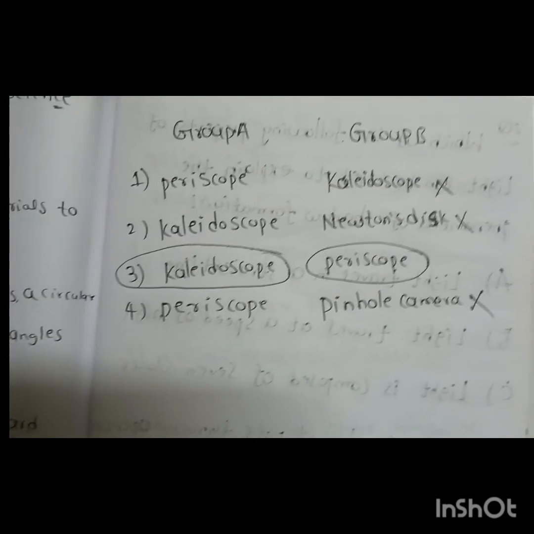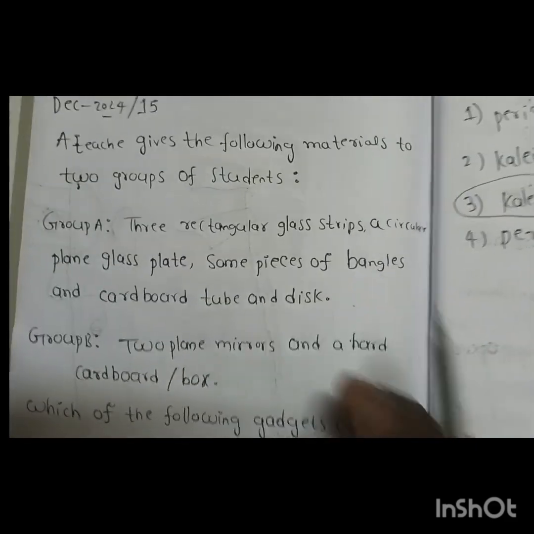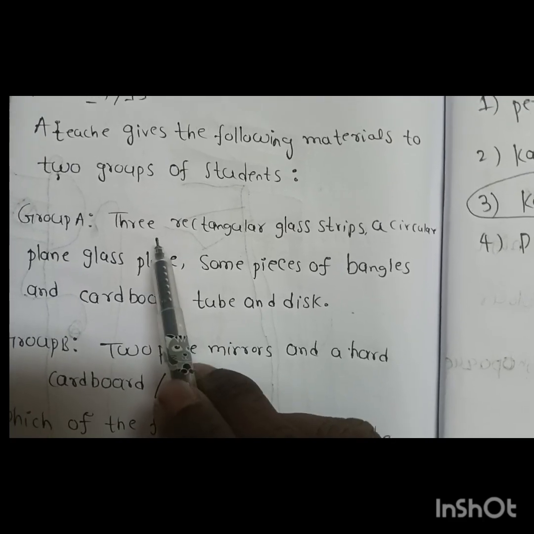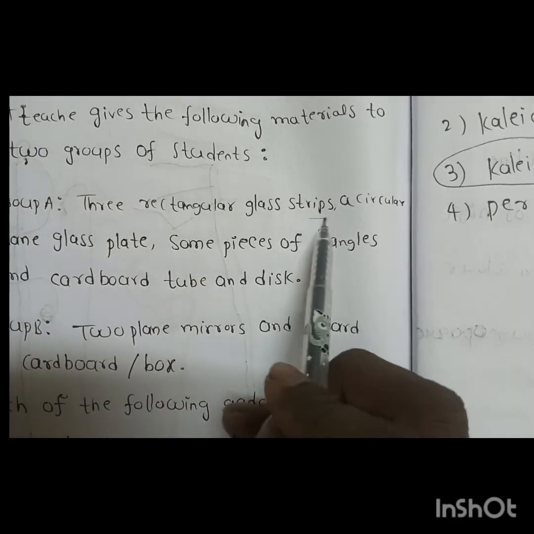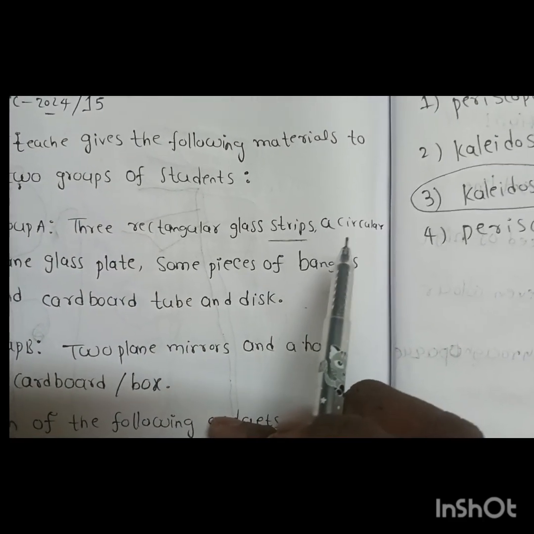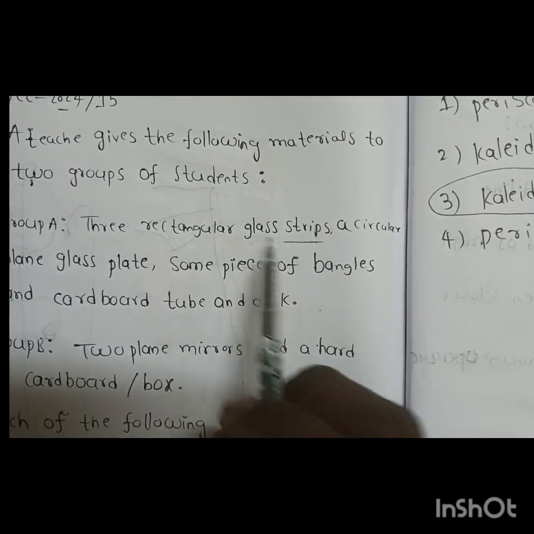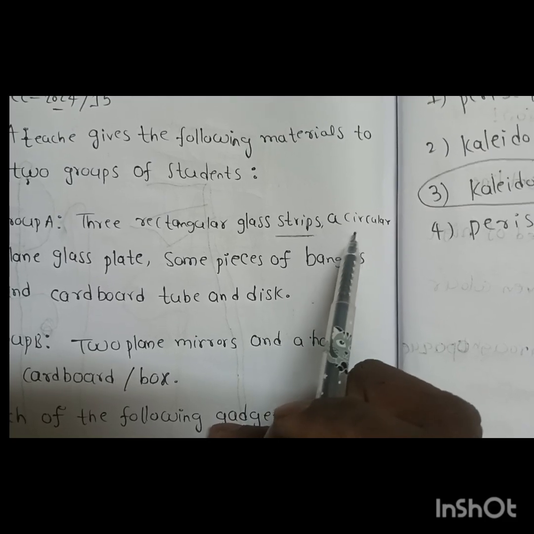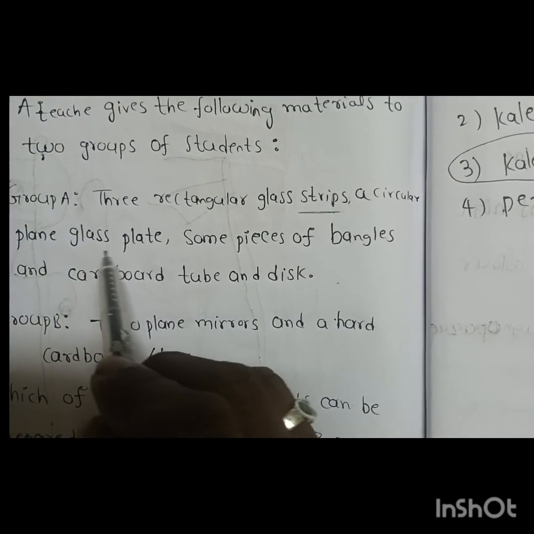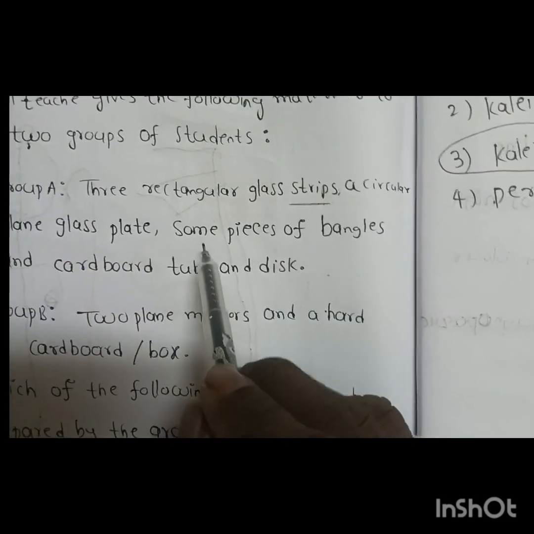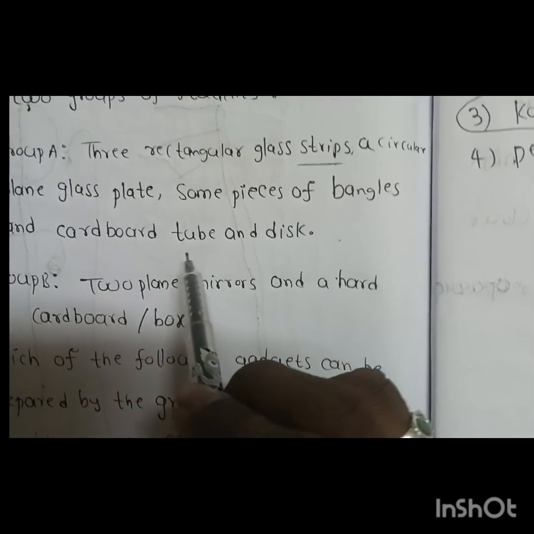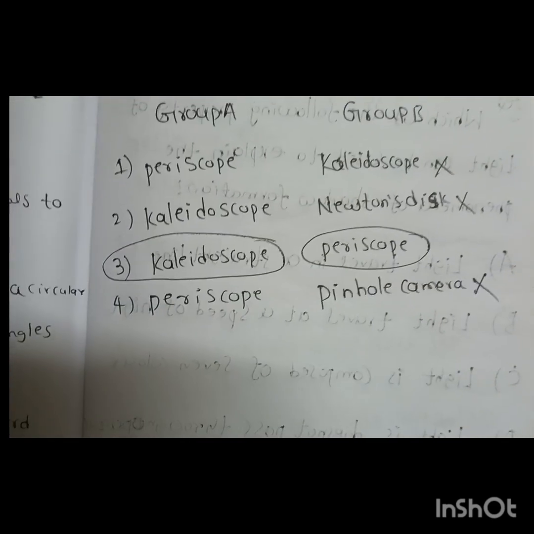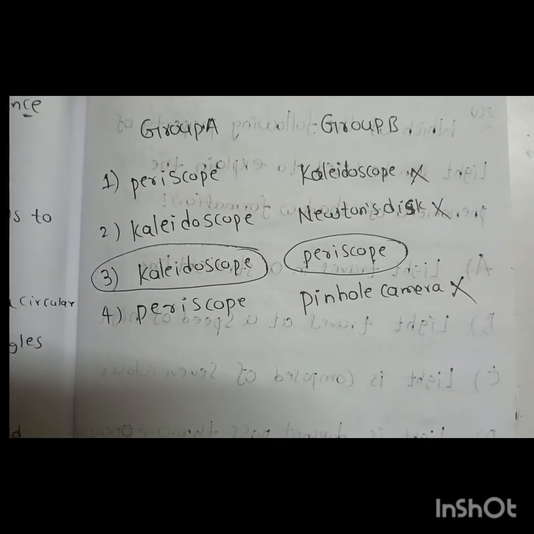The kaleidoscope can be formed by group A. As you can see in the options, there are three rectangular glass strips, a circular plain glass plate, some pieces of bangles, and a cardboard tube and a disc. This can be used for the kaleidoscope.